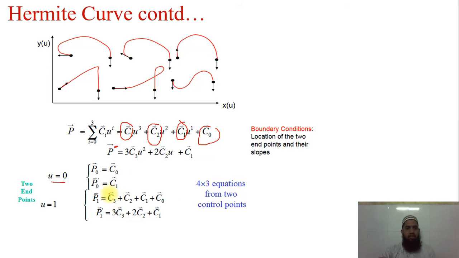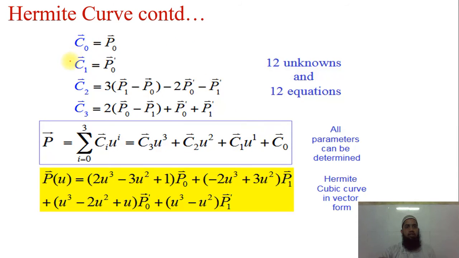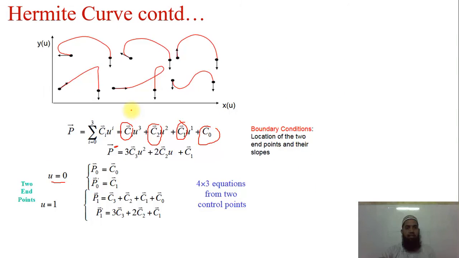Now after getting all these equations, I got p0, p0 dash, p1 and p1 dash, four equations from two control points. I got these values C0, C1, C2, C3, which means C0 equals p0. I'll put the values again in the first equation.